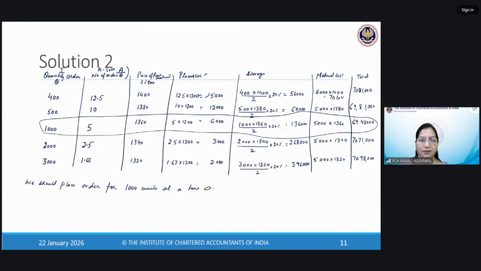And our total relevant cost will be least here, which is rupees 69,42,000. Rather, you can say 1,000 tons.